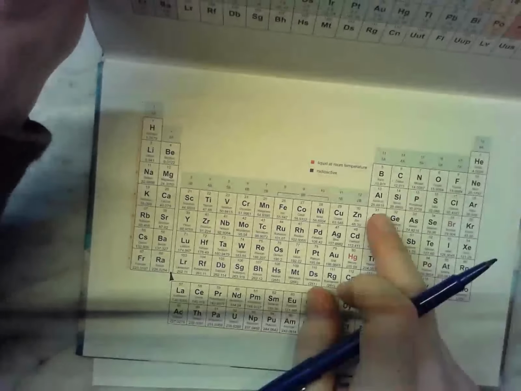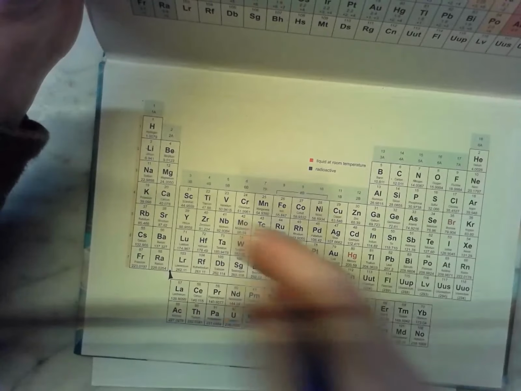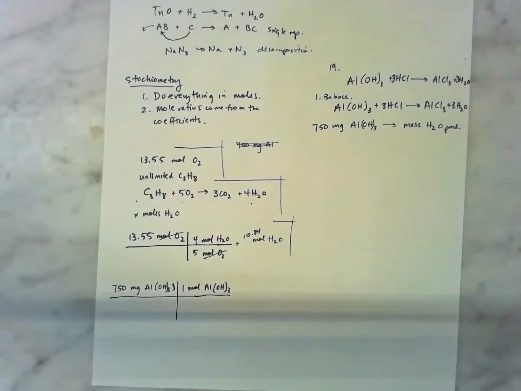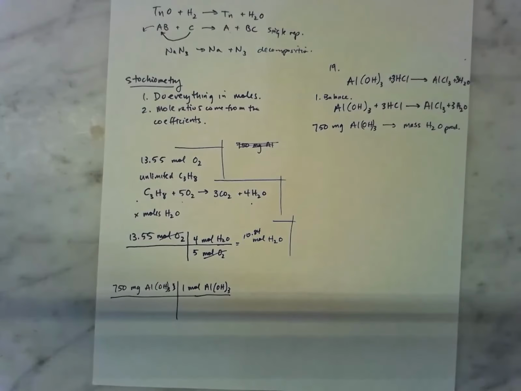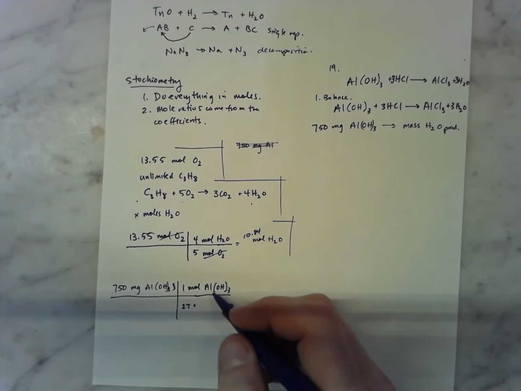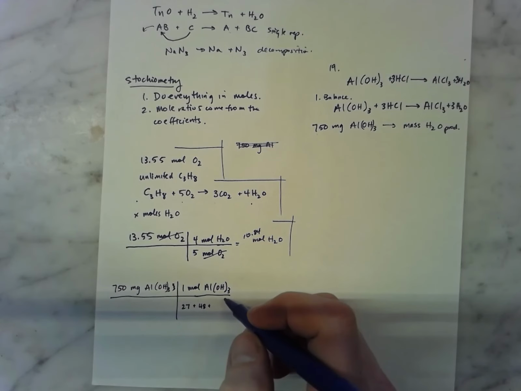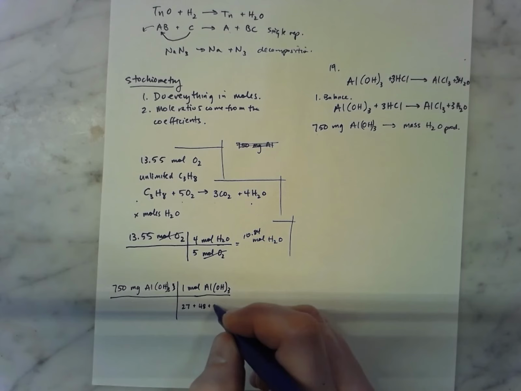And what do we got? Al, and then 3 O's and 3 H's. So what do we have? We have 27 plus 3 O's is 48 plus 3 H's, and we'll just say 3.